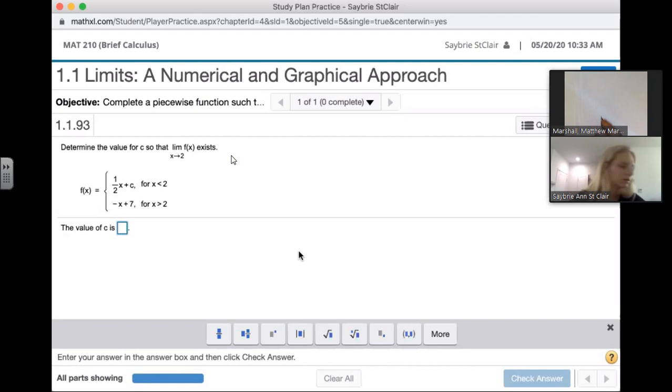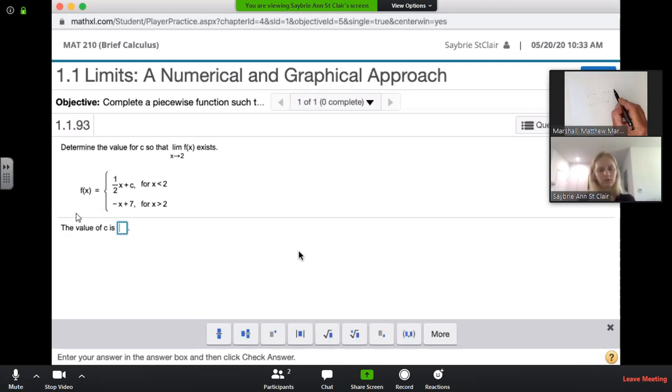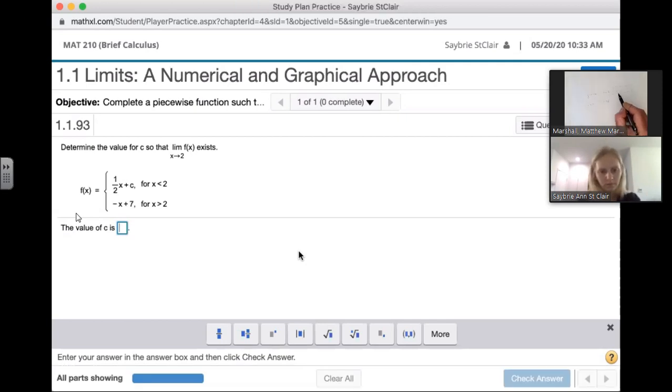This is the practice. Alright, so I'm going to write that down. 1/2 x plus C, negative x plus 7, x less than 2, x. No, I'm not going to use Desmos. So that little x less than 2 means I'm going to plug in 3 numbers less than 2: 1.9, 1.99, 1.999.